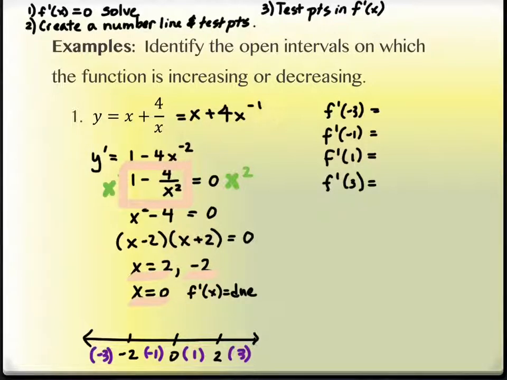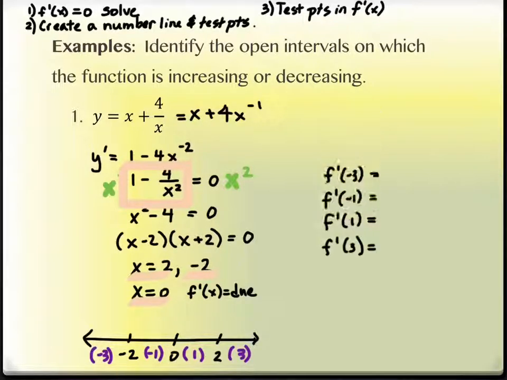My function, let me write it up here above these in pretty-ish form, f prime was 1 minus 4 over x squared, right? Feel free to put it in your calculator if you wish. You can do that in the table. You're going to test 4 points anyway, so you would put in the calculator 1 minus 4 over x squared, and then in the table plug in negative 3, negative 1, 1, 3. Works real fast.